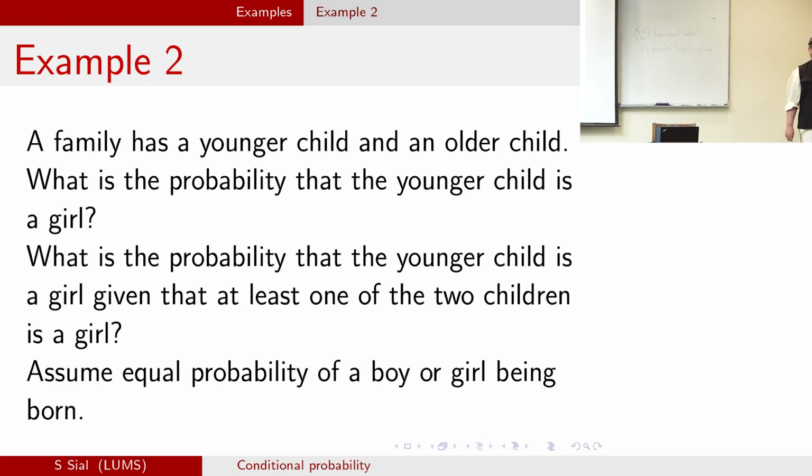What is the probability that any randomly selected child in the universe is a girl? Let's say 50%, yeah? What's the probability that the younger child is a girl, given that at least one of the two children is a girl?